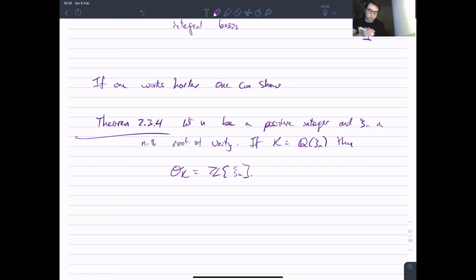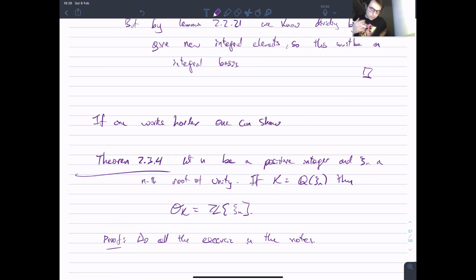So this works not just for primes, not just for prime powers, but for any n. We'll use this theorem, but I'm not going to prove it. Proof: do all the exercises in the notes. If you combine them together, you'll be able to prove this result.